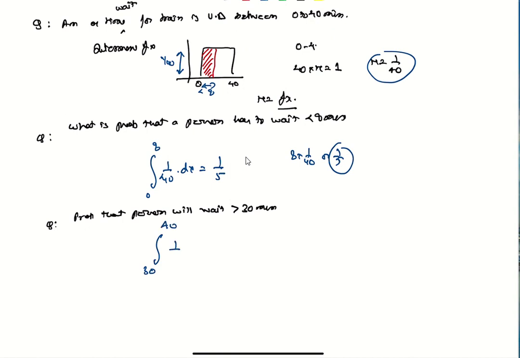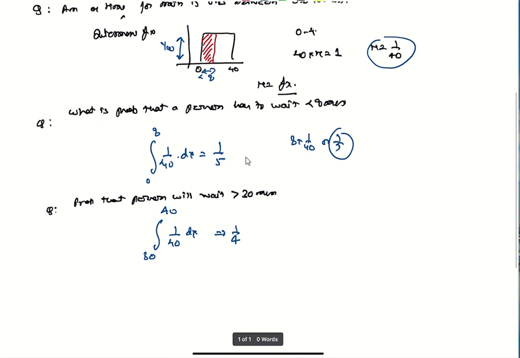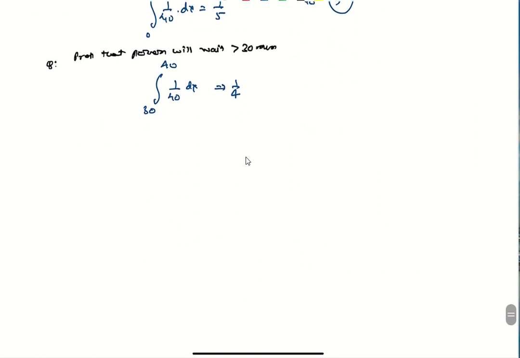This is going to be 1 by 40 dx, and that will give me an answer of 1 by 4. Now we can keep making this more and more complex. Now we're going to ask the probability that x is more than 10 but less than 26.